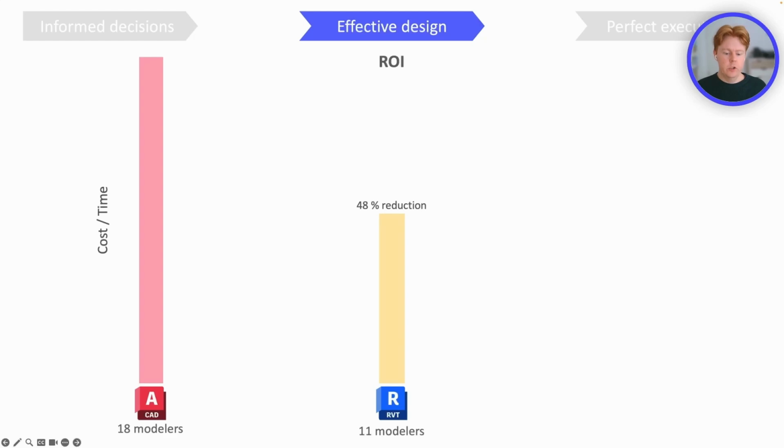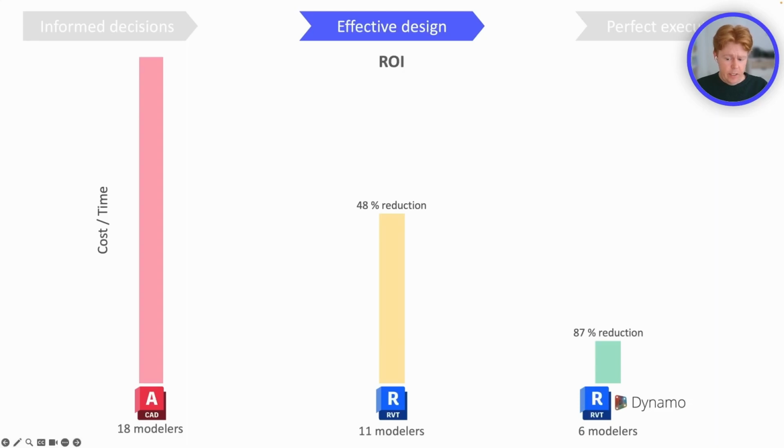And with just moving from AutoCAD to Revit, we would have to have 11 modelers. So it's already about a 50% reduction. Now, these numbers are not 100% exact, and the time is a bit different. They're not working 100% here, for example, but for the peak deliveries, we would have to have 11 on board, so to say.